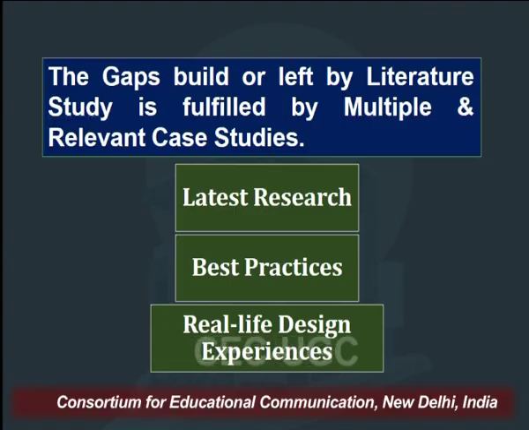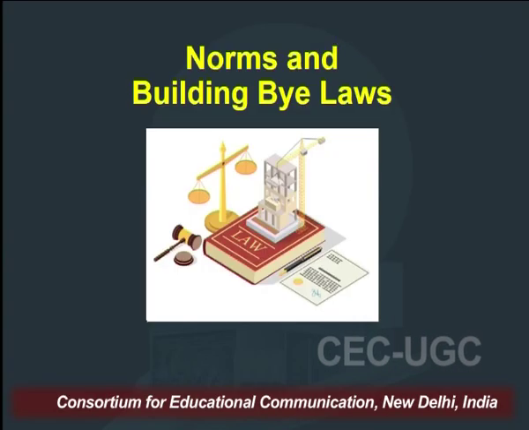The gaps left by the literature study are fulfilled by multiple and relevant case studies. So, these case studies are again part of the latest researches, the best practices and the real life design experiences. So, now learners, we will move ahead to the norms and the building bylaws.